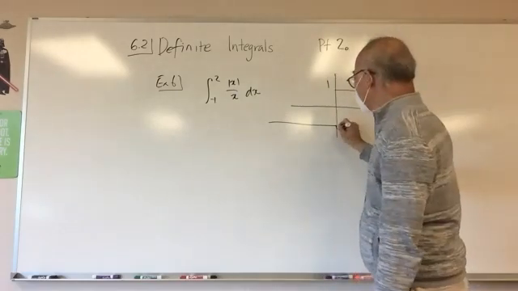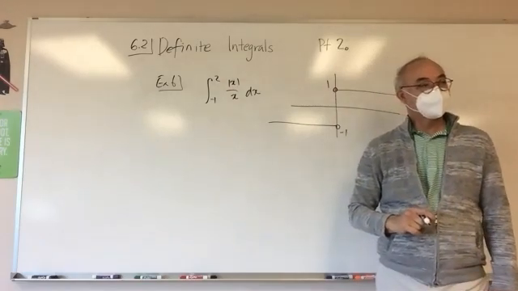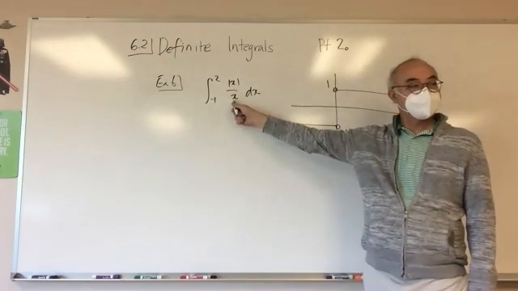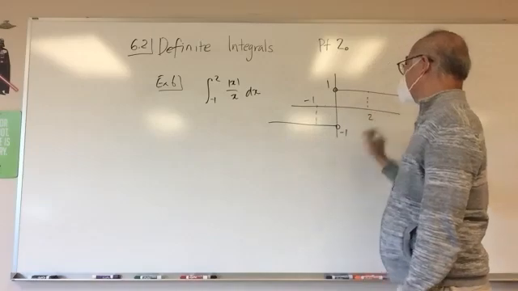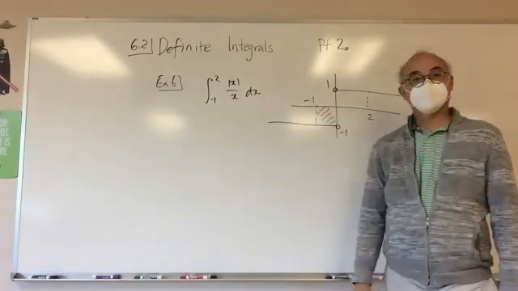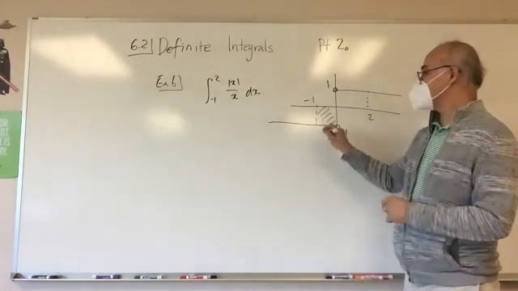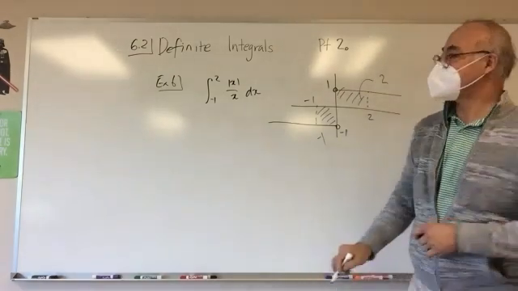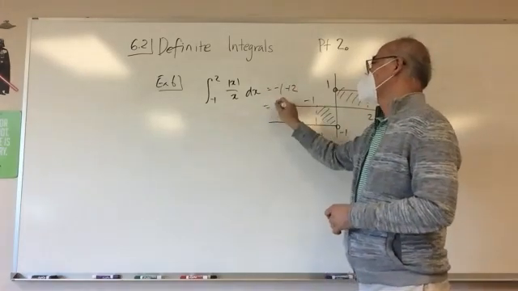And there are open dots there. Why are there open dots? Because you're not allowed to have 0 in the denominator. And I'm going from -1 to 2. What is this area? -1. This area is 2. So your total answer is going to be -1 plus 2, which is 1, right?